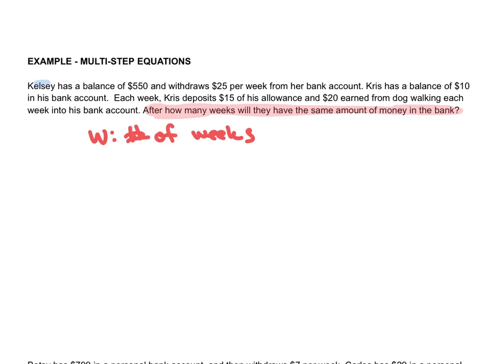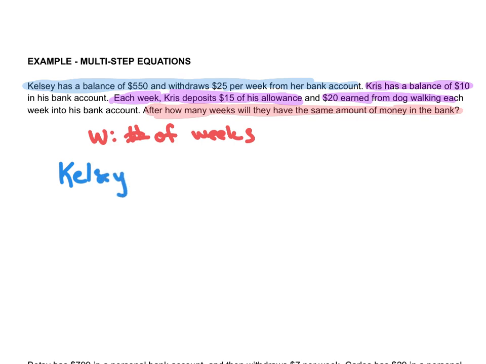We've got a scenario with Kelsey, who has a balance of $550 and withdraws $25 per week from her bank account. We have another scenario for Chris. Chris has a balance of $10, and each week Chris deposits $15 of his allowance and $20 earned from walking a dog each week into his bank account. So we've got the scenario for Kelsey, all right?